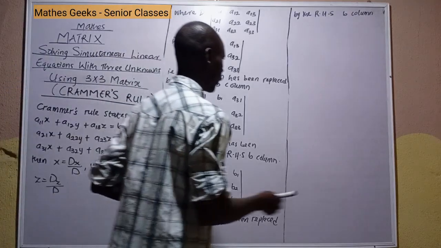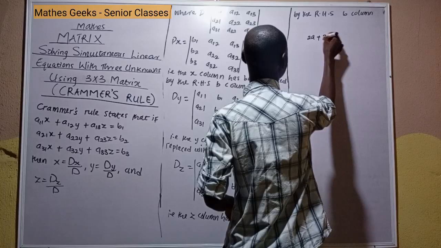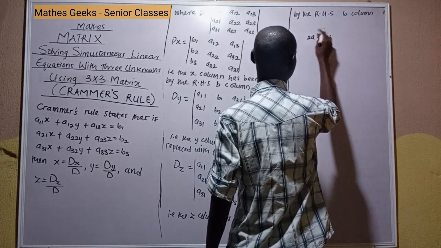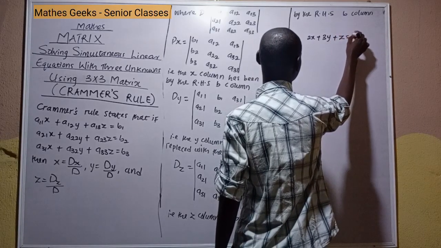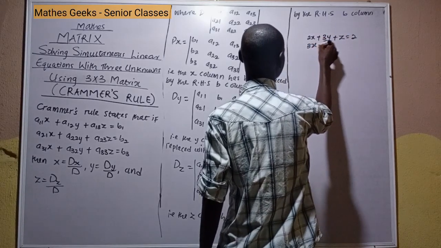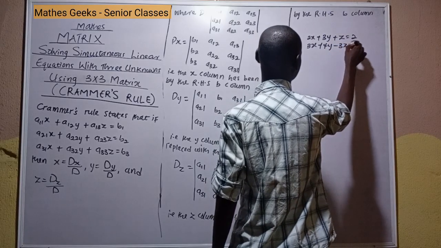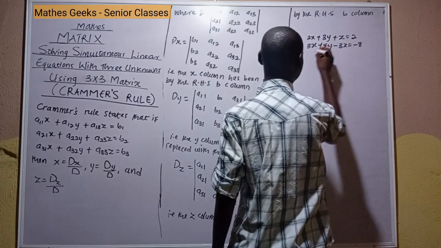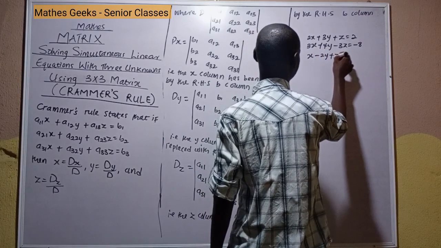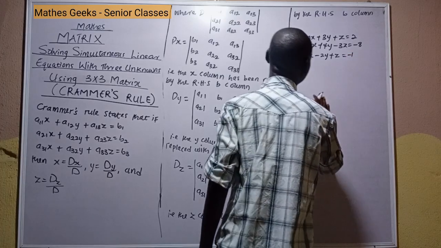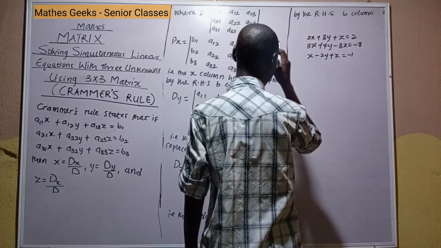If you had something like 2x plus 3y plus z equals 2, 3x plus 4y minus 3z equals minus 8, and x minus 2y plus z equals minus 1, these are simultaneous equations where we have three unknowns.